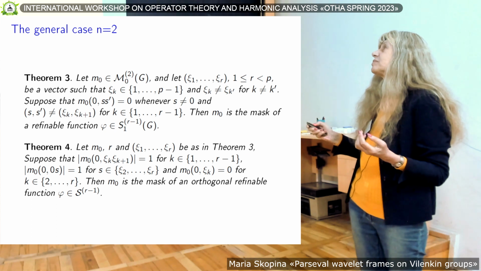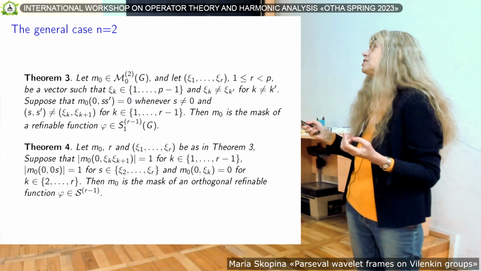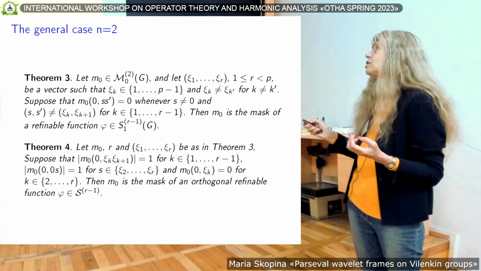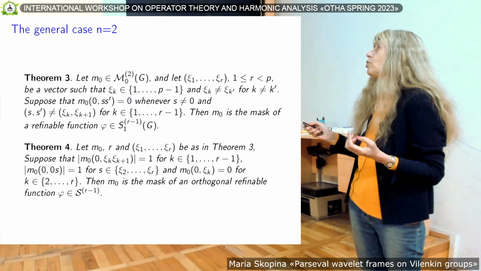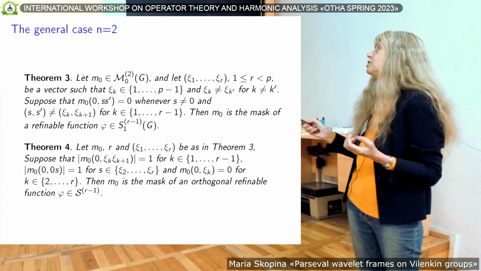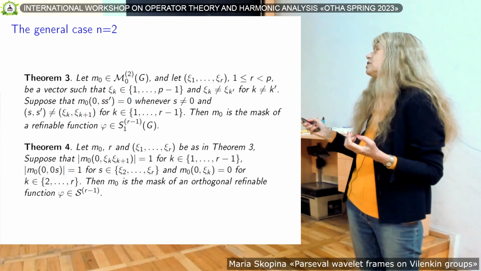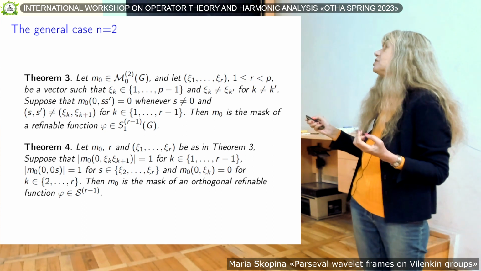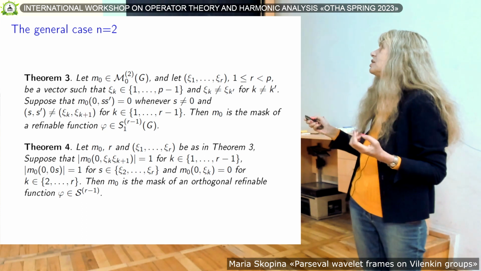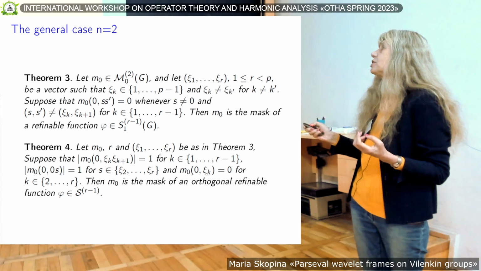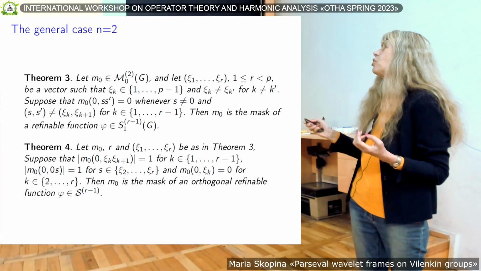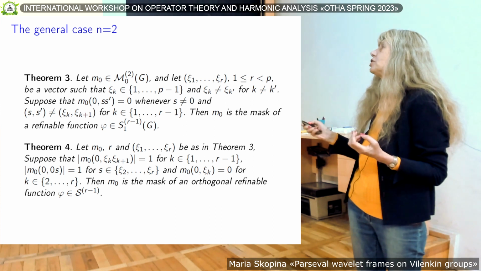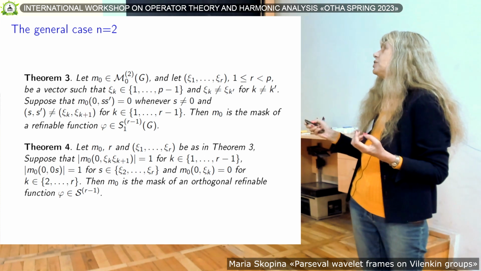And next, a general theorem for N equal to 2 and arbitrary p. So let M0 be in this class and let C1, etc., CR be a vector consisting of different non-zero elements, digits from 1 to p minus 1.